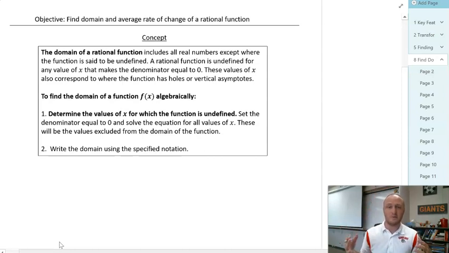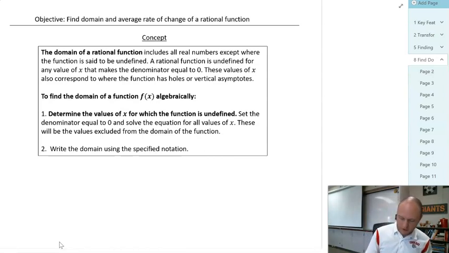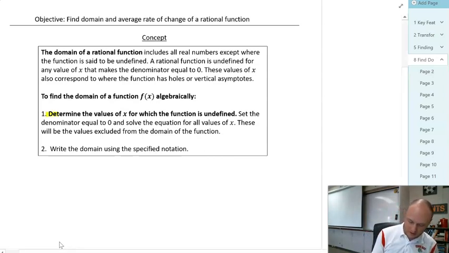So what we're going to do is set the denominator equal to 0. We'll solve, and that's where we have a discontinuity. Then the domain is everything except for that discontinuity or that location. We will have to write the domain in inequality and interval notation, but that is kind of straightforward. To summarize, we want to determine the values of x for which the function is defined.